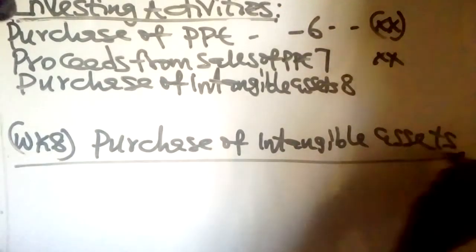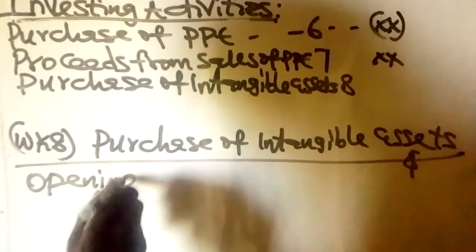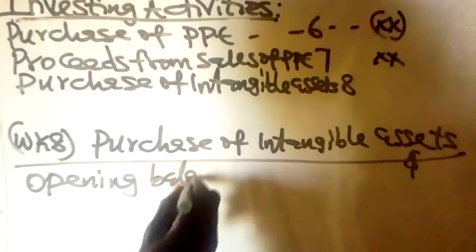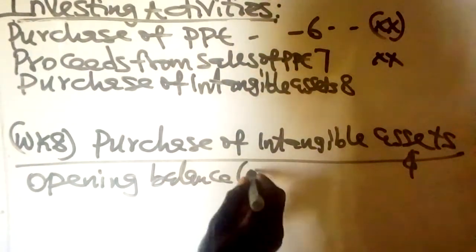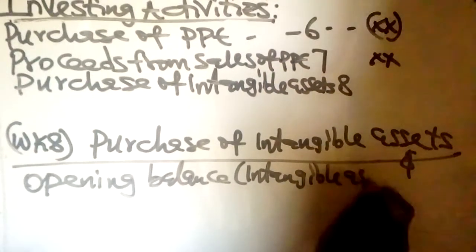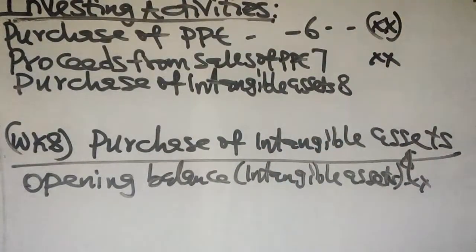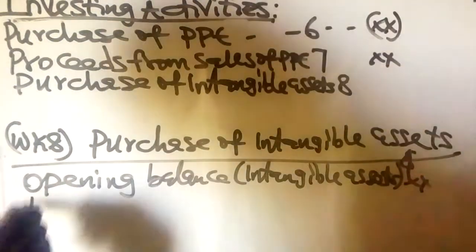Purchase of intangible assets. You are starting with the opening balance of intangible assets, the one in the statement of financial position. The opening balance as per the opening statement of financial position. Then you have the amount written off or impairment.